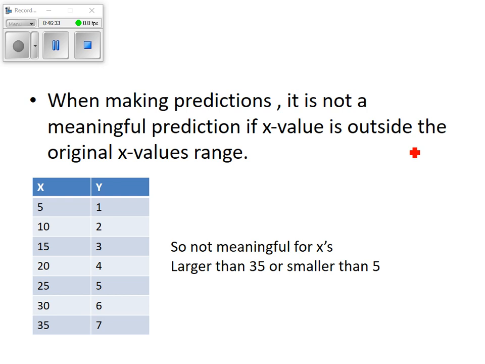So if I look at all these X's right here, and I decide I want to predict what happens when X is 1, it's not meaningful. If it doesn't fall inside our original X's, it's not a meaningful prediction.